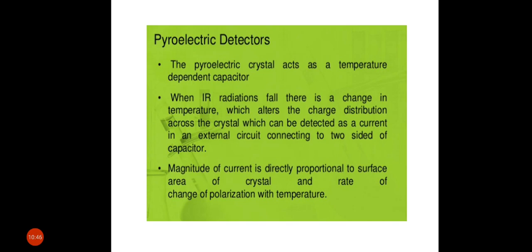When IR radiation falls, there is a change in temperature which alters the charge distribution across the crystal, which can be detected as a current in an external circuit connected to two sides of the capacitor. The magnitude of current is directly proportional to the surface area of the crystal and the rate of change of polarization with temperature.